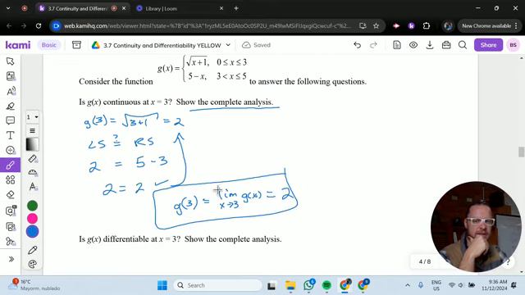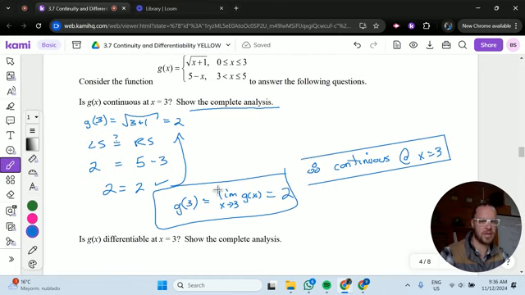So that is what allows us to say, therefore, continuous at x equals 3. And I guess that's more the answer. This is like our reasoning. Both of those should probably be circled.